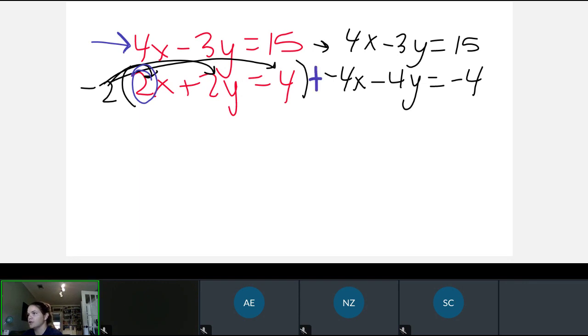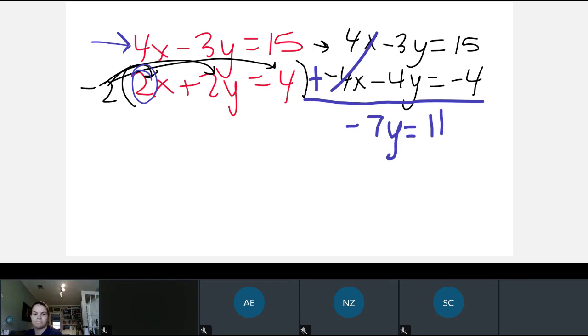So then I would just come over here and add. So 4 plus negative 4, that goes away. Negative 3y minus 4y, or plus a negative 4y, is negative 7y. And then 15 minus 4 is 11. That's not right, though, is it?